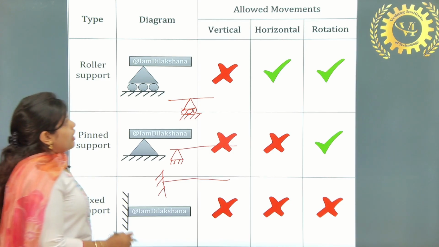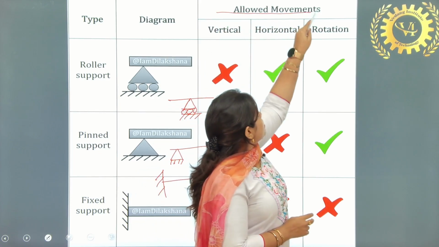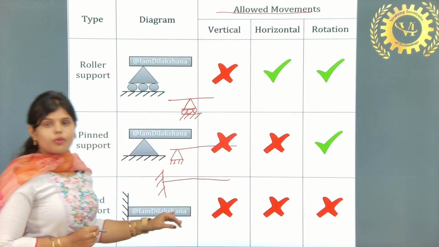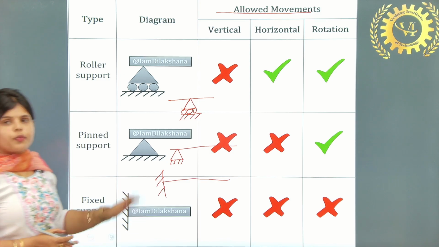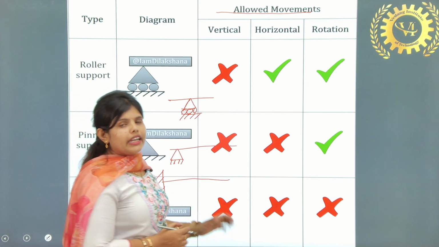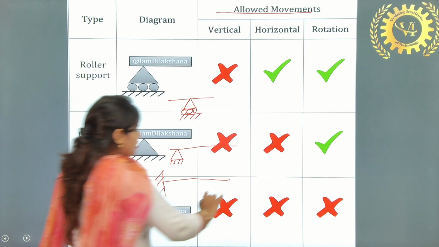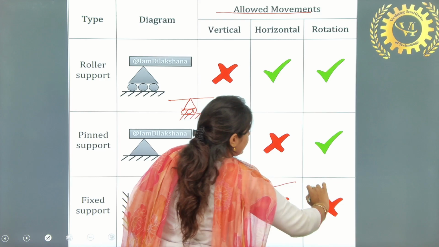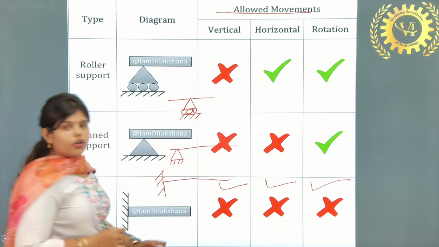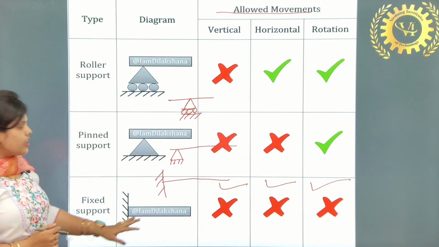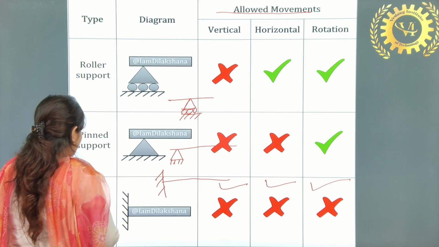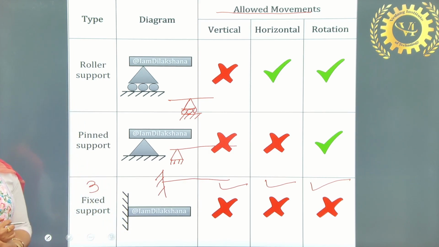Allowed movement: in the case of fixed support, there is no allowance. Fixed support means it is a rigid one. It can't move in any direction, horizontally or vertically. So the fixed support reaction is 3.